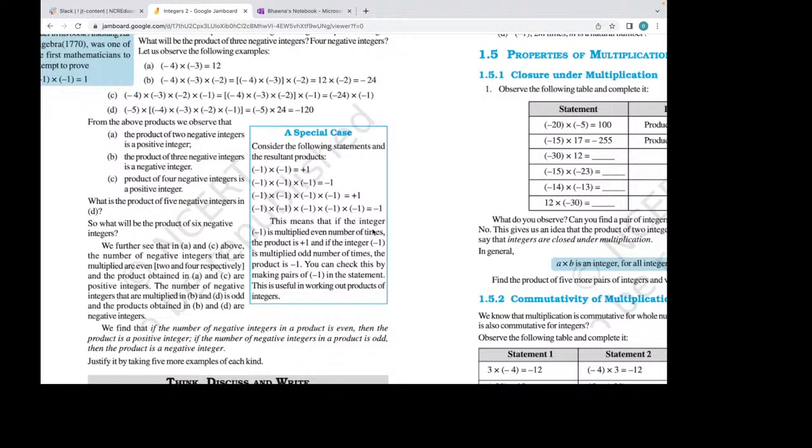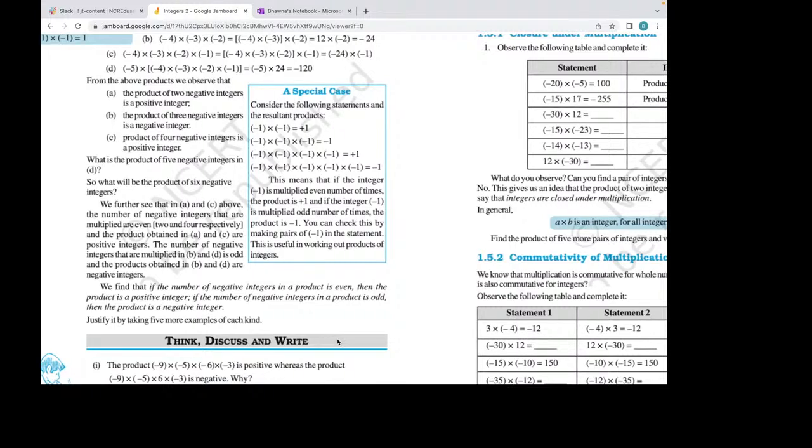This means that if the integer minus 1 is multiplied even number of times, the product is positive 1. And if the integer minus 1 is multiplied odd number of times, the product is minus 1. You can check this by making pairs of minus 1 in the statement.